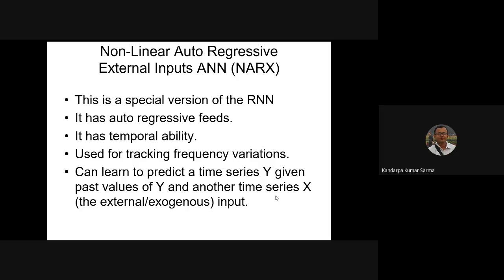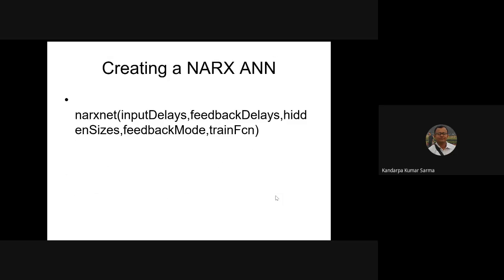Then it can learn to predict a time series y given the past values of y and another time series x. So that will be the external or the exogenous feed. Here is the syntax: there is a built-in function called narxnet.